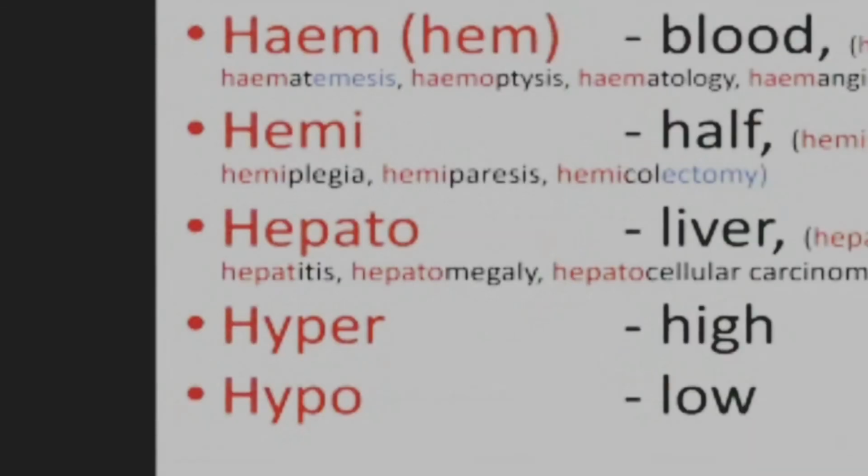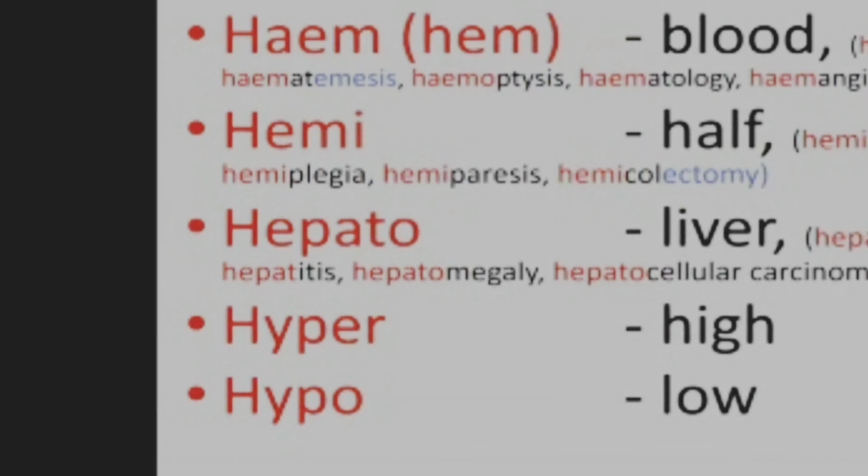So heme stands for blood: hematuria, hematemesis, hematitis, and hematology is the study of blood, hemangioma. Angio is like arteries and all.